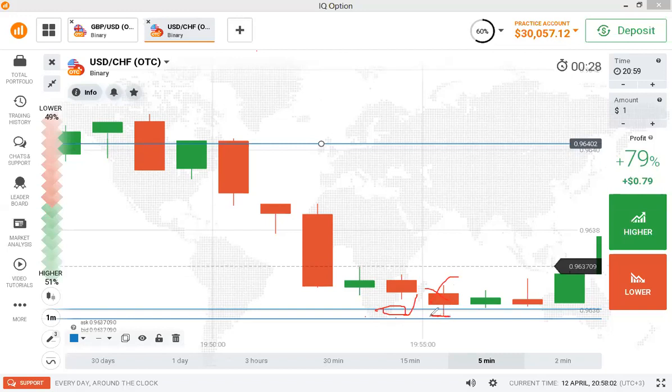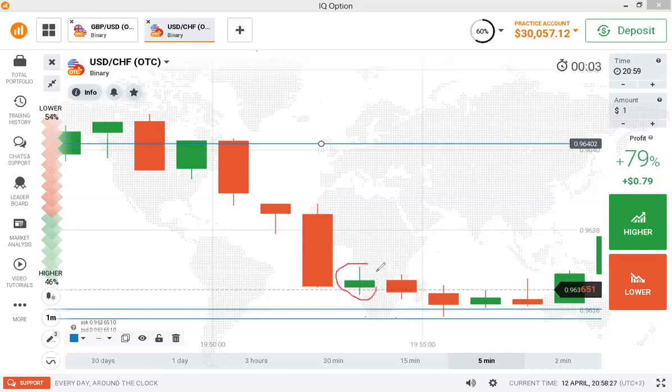Rejection can be inside that same area, or the rejection can be below this lower line here. So you now place call. But at this time, to be on the safe side, don't place call, because the market will still form a bearish candle here to tell you that most of the time the market will try to trick some traders.